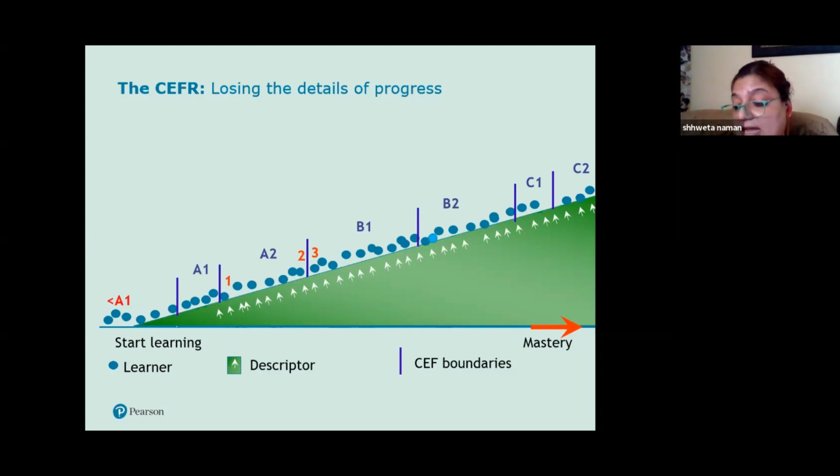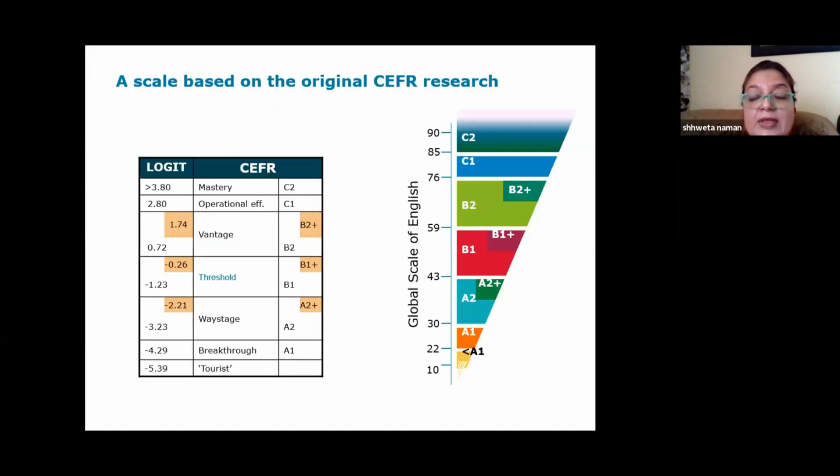You can see that the levels are from 10 to 90, so it granularized the CEFR levels into 90 levels. We did a lot of research, and almost 6,000 teachers across 50 countries were involved in developing the Global Scale of English.